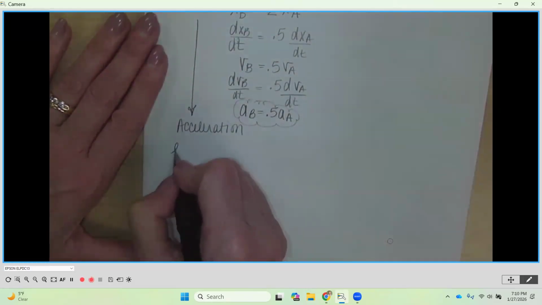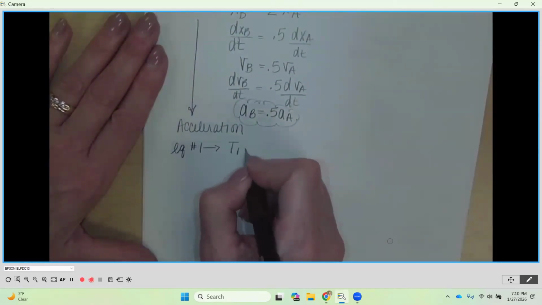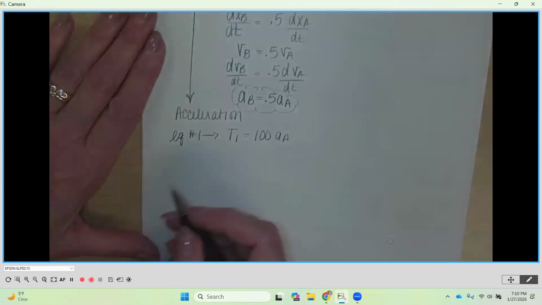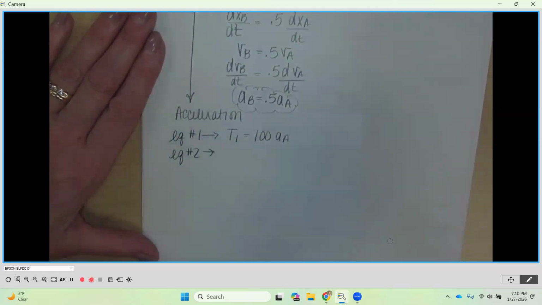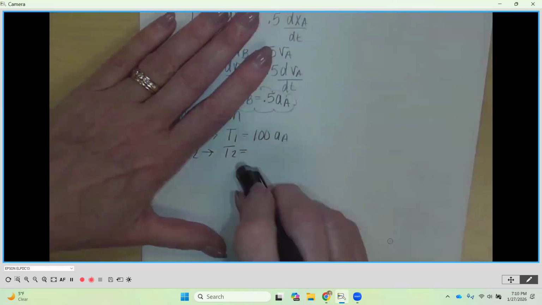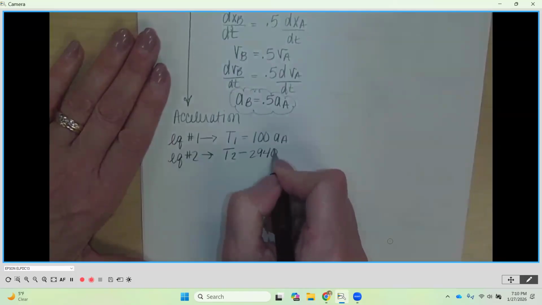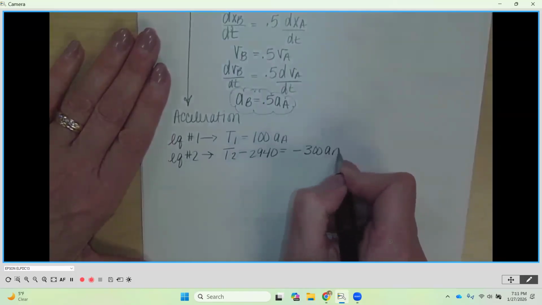Equation number 1 was T1 is equal to 100 acceleration of A. Equation number 2, and you don't have to write out the step if you don't want to, I'm just on the back side and I don't want to flip my paper over constantly, is going to be T2 minus 2940 is equal to a negative 300 AB.